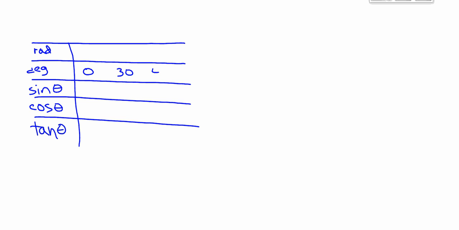So this is going to be radians, degrees, sine, cosine, tangent, theta. And go to the degree line. It's 0, 30, 45, 60, and 90.